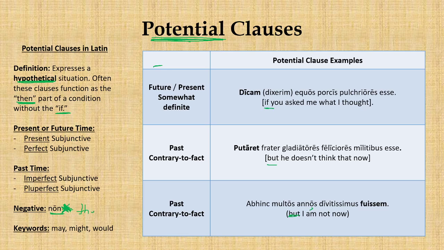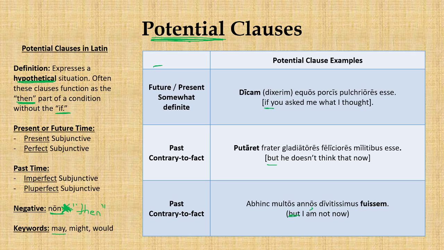When you start learning conditions in Latin, you'll see that this is pretty consistent. The then part of a condition is also negated with nōn. It doesn't have the hypothetical nature of the nē.